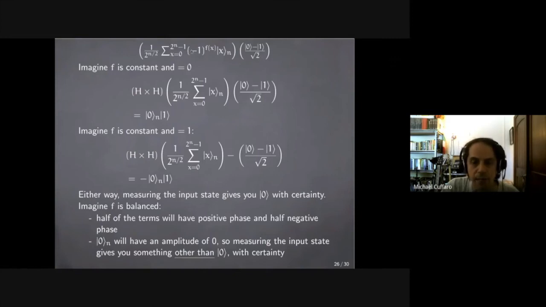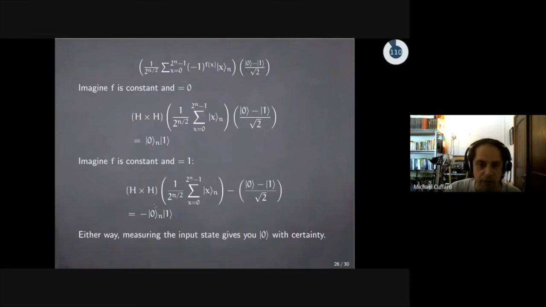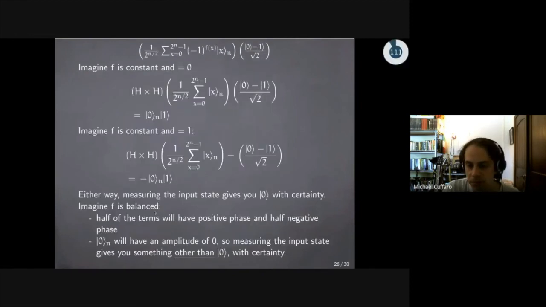And so when you add them all up, it's going to give you an amplitude of 0. And so when you measure the first n qubits, what you're going to get is something other than 0 with certainty. So if you get 0, then it's constant, and if you get something other than 0, then it's balanced. And that's it.